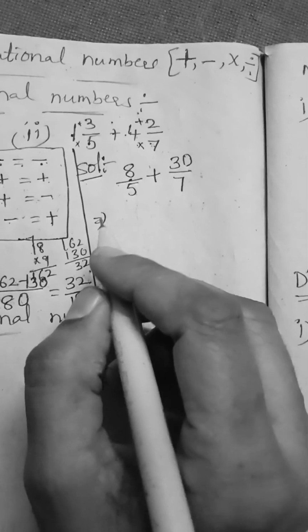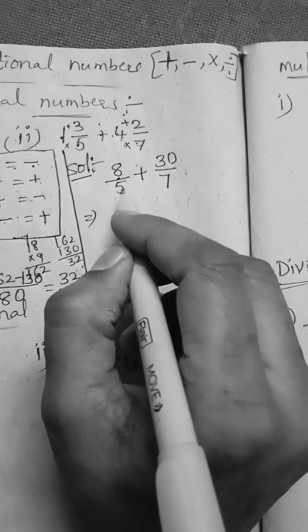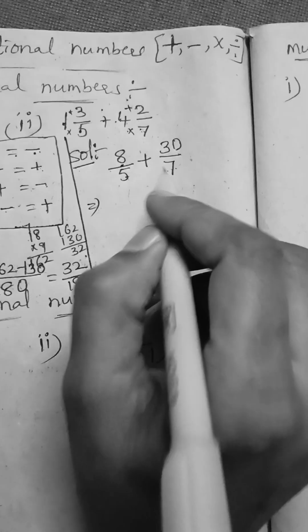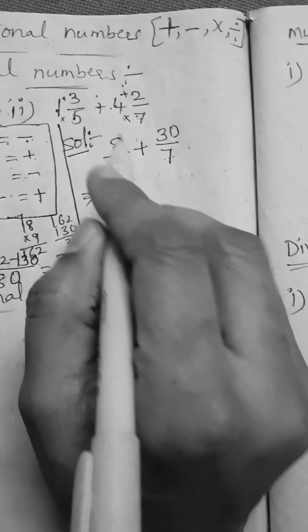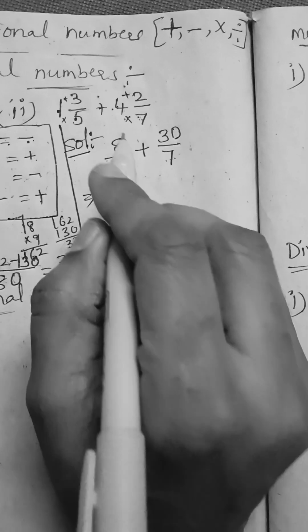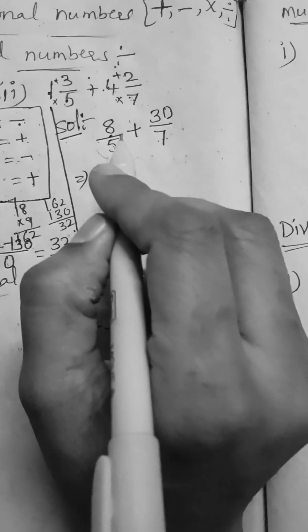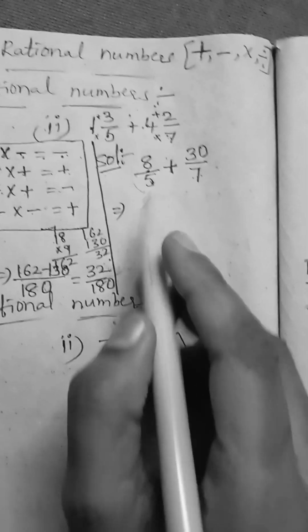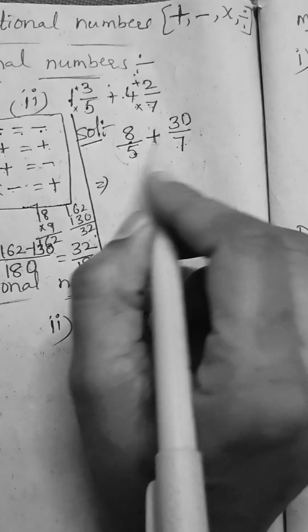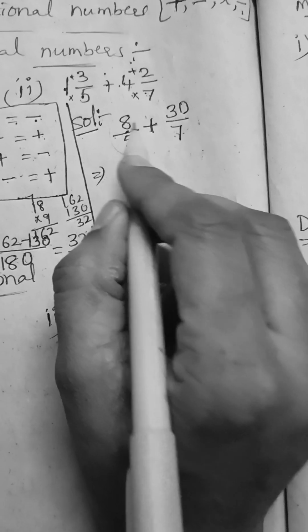Now if you compare, both the denominators are different, and both the fractions are positive. Here we are doing addition of rational numbers. What I said, if we have two fractions we have to do cross multiplication.